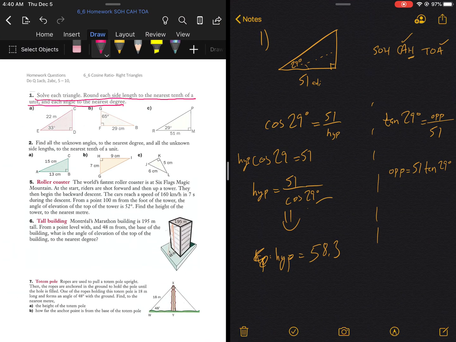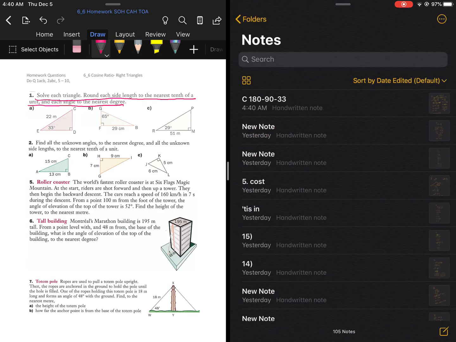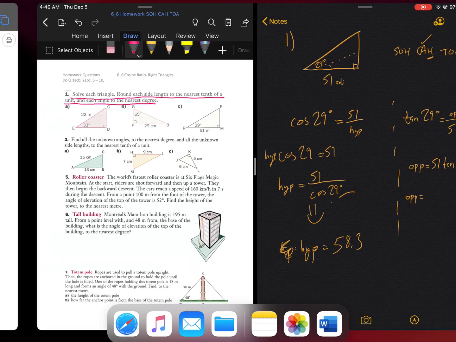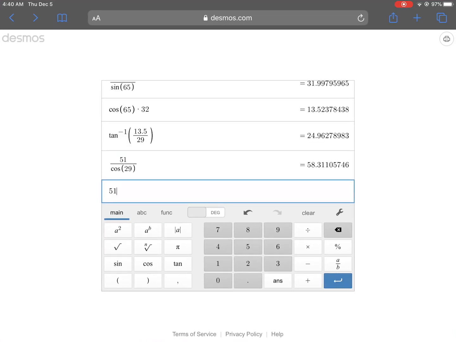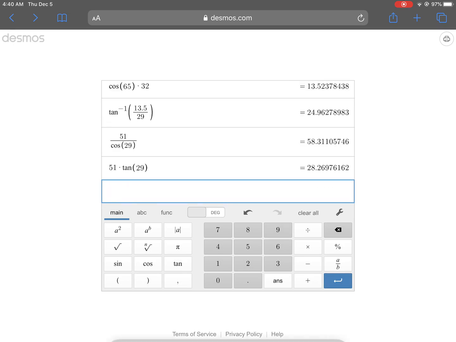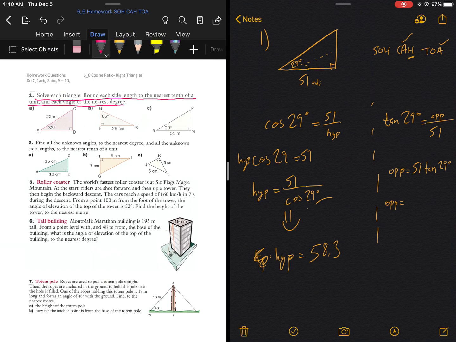Yes, and then we'll do opposite equals 51 times tan of 29. 51 times tan of 29 equals 28.3. So I have my opposite side, 28.3.